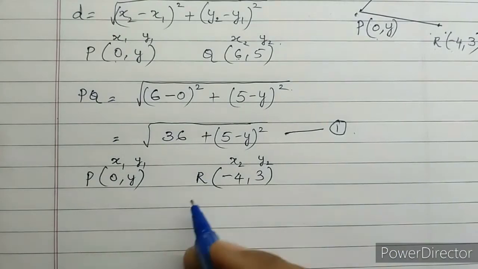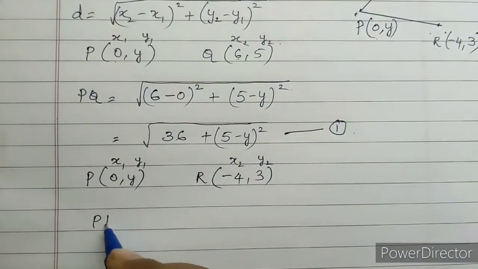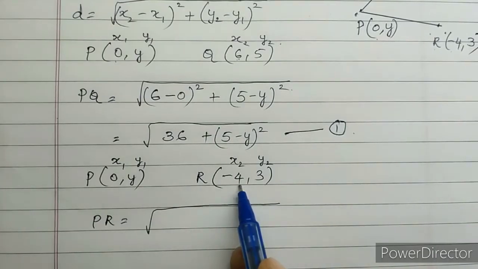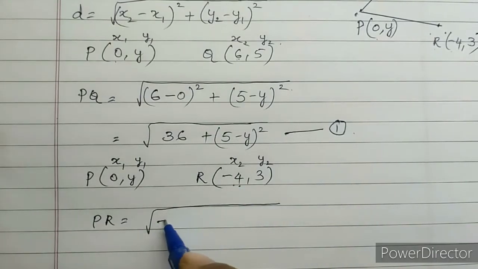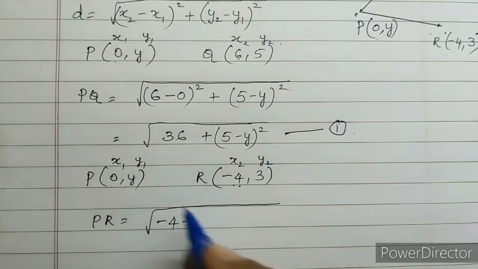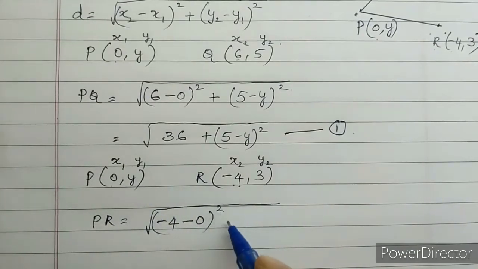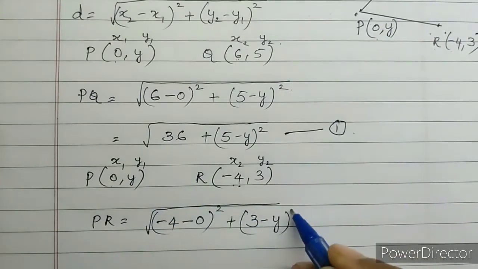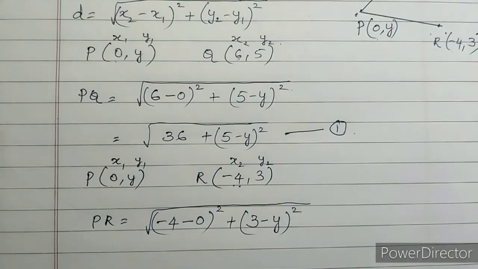Now use the same formula. PR is equal to square root of (x2 minus x1) the whole square: minus 4 is x2, minus x1 is 0, the whole square, plus 3 is y2 and y is y1, (3 minus y) the whole square.